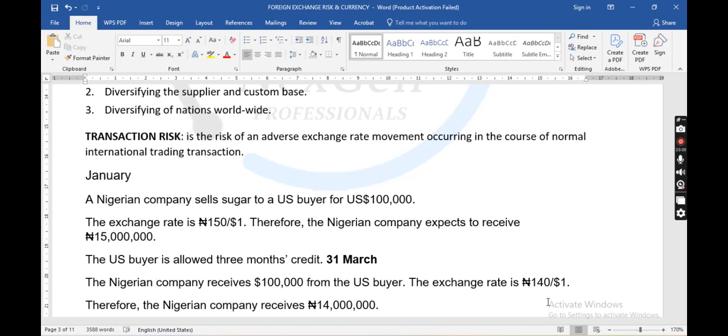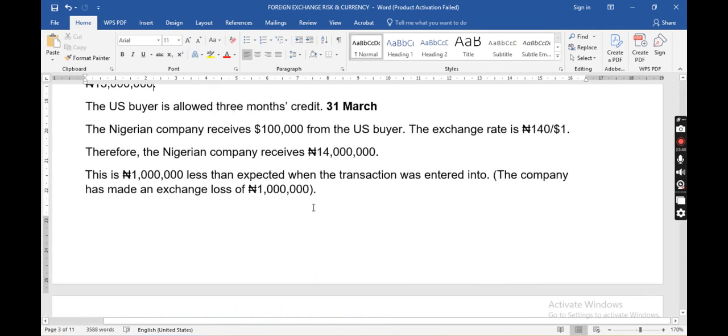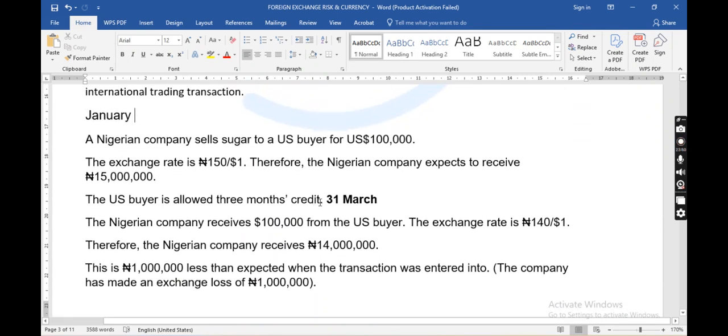Let's say, for instance, on January 1, a Nigerian company sells goods to a US company for $100, right? The exchange rate is 150 naira to $1, and it is a Nigerian company.